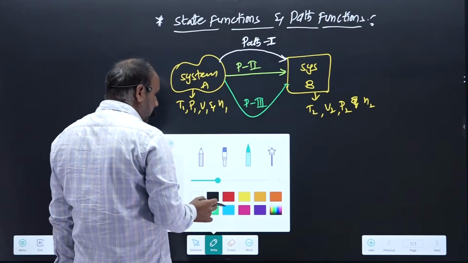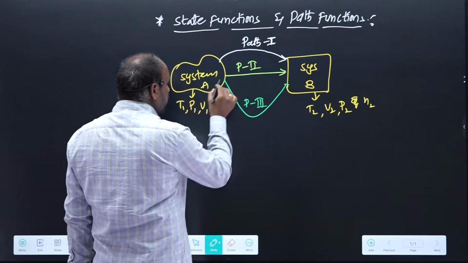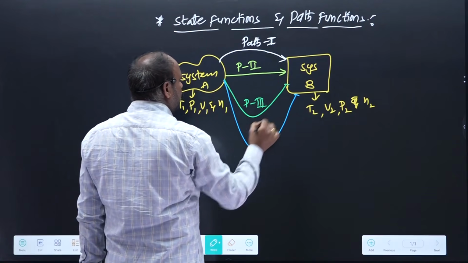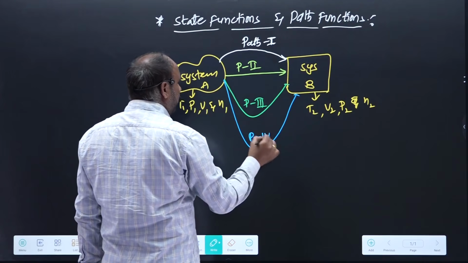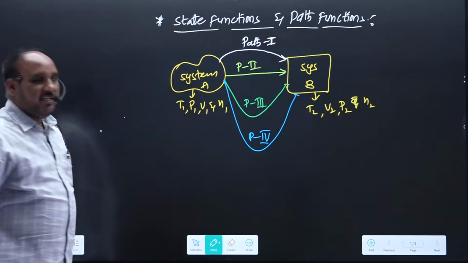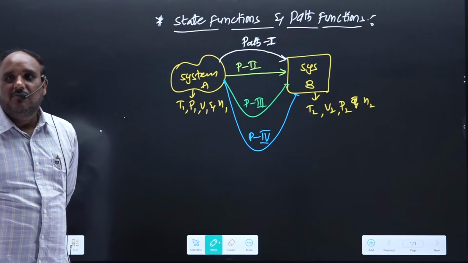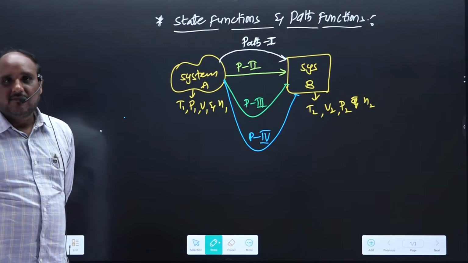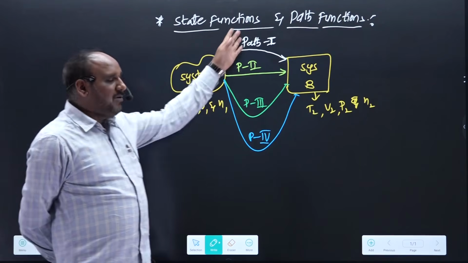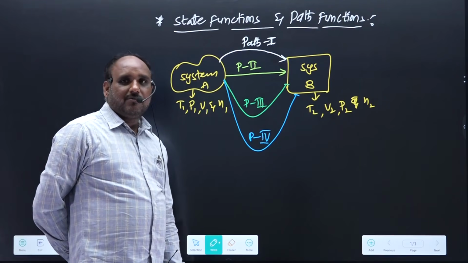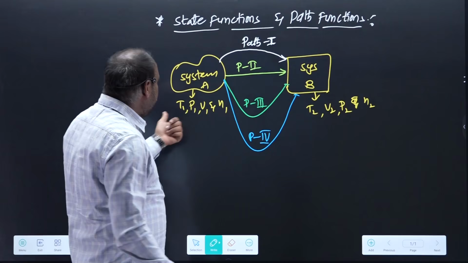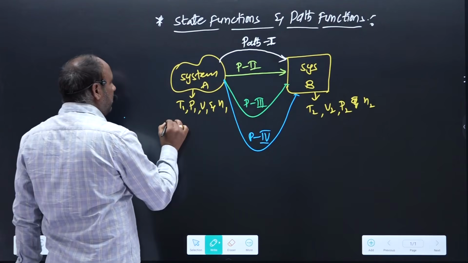One more, through pathway 3, and one more through pathway number 4. Means there are many pathways to convert one system to another system. Here we are representing how many pathways? 4, right?